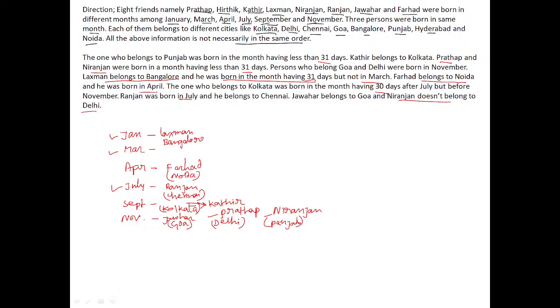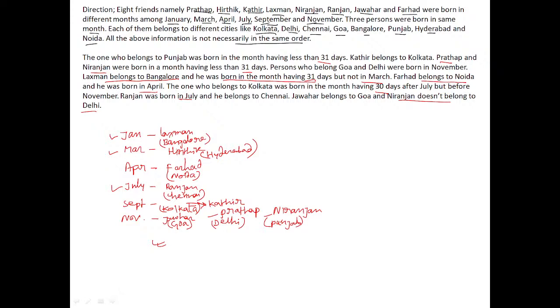So only one place and one person is left. That is obviously for March. Let's see, what was that? Ritik. So Ritik is here and the place is Hyderabad, right? This is an easy kind of puzzle.